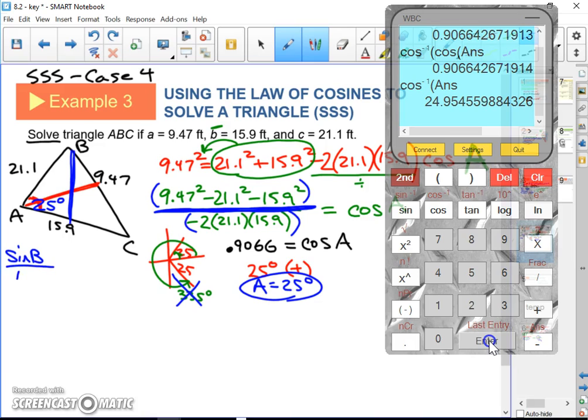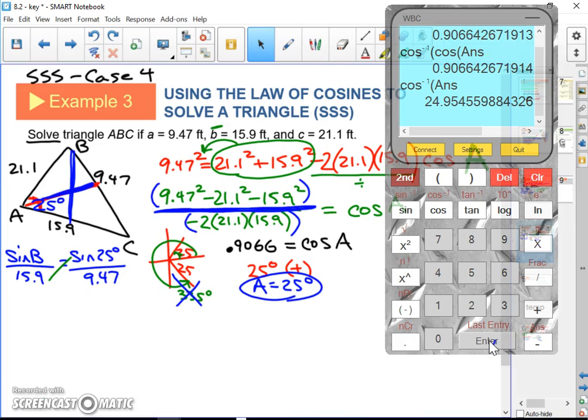Sine B over 15.9 equals, we're going to use our A values because we've got them both. We've got the angle of 25 and we've got the side of 9.47. So if I was going to solve that equation, I'm going to multiply both sides by 15.9.